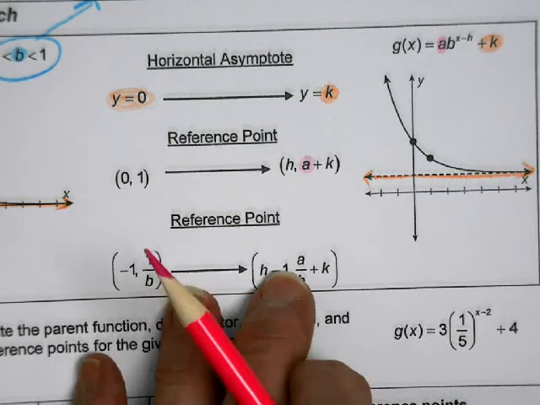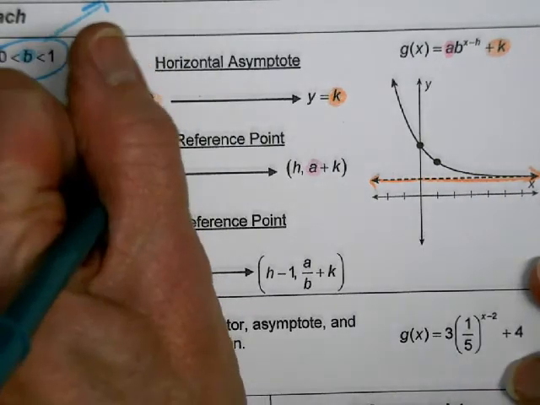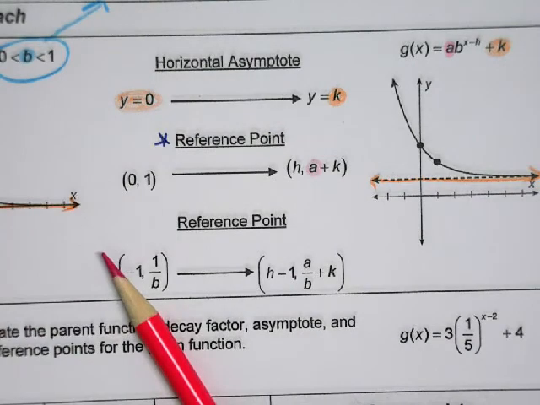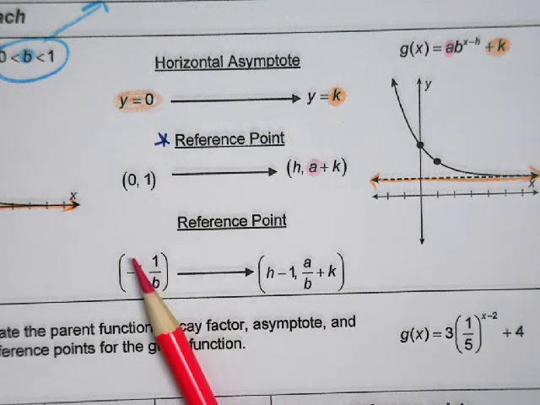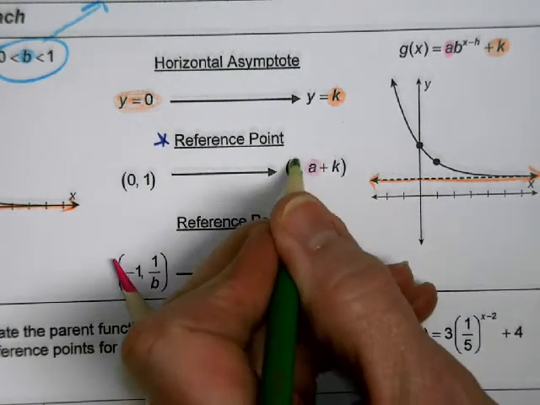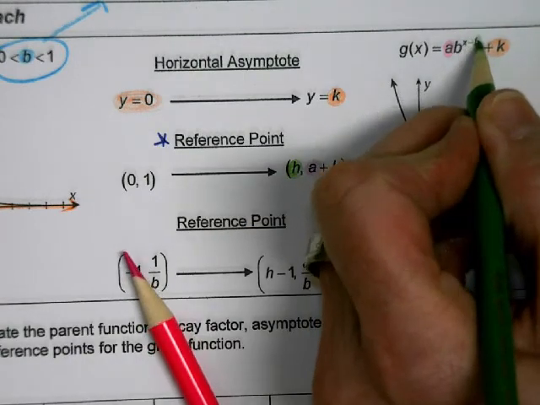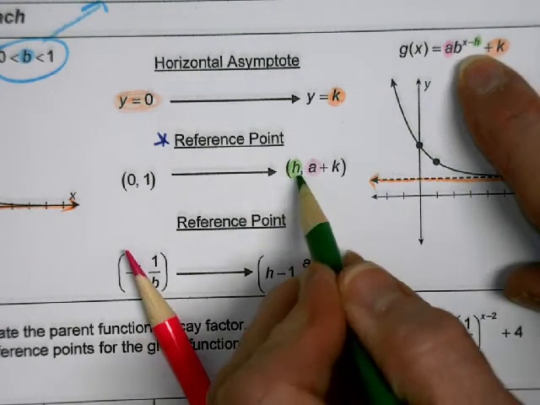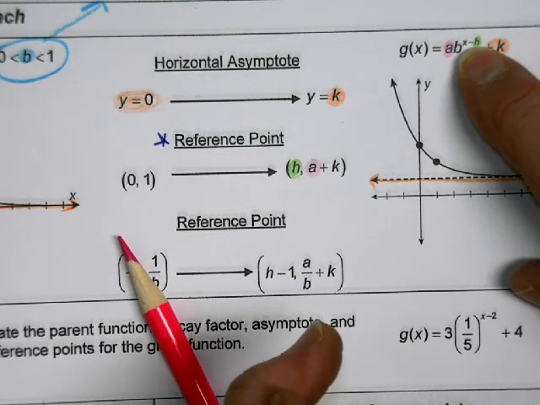Okay, so this is true. This is another reference point, but this first reference point is the one that we are going to use for our graph exploration. So that's when you just take the multiplier. If you put in the h value, if I take h minus h, I get 0.